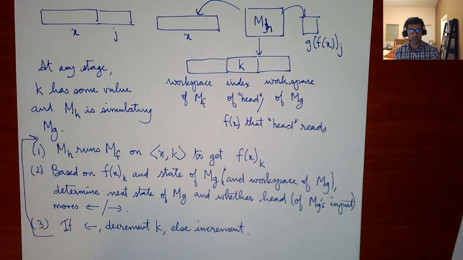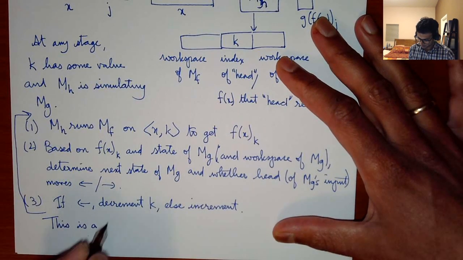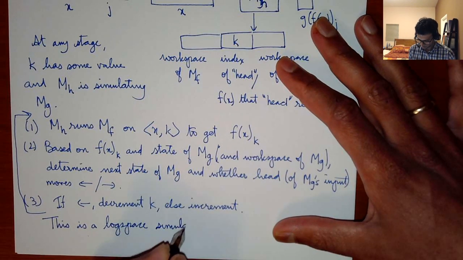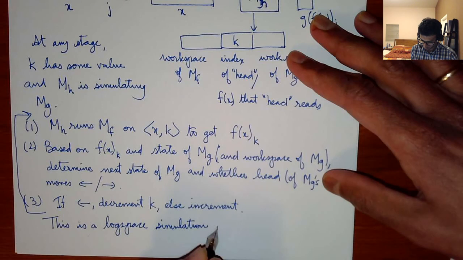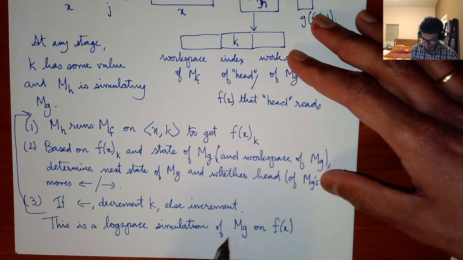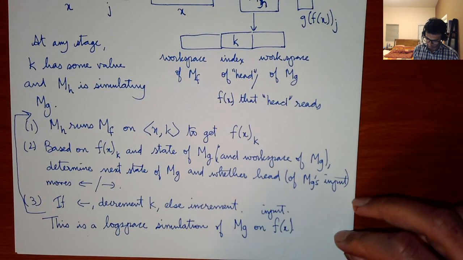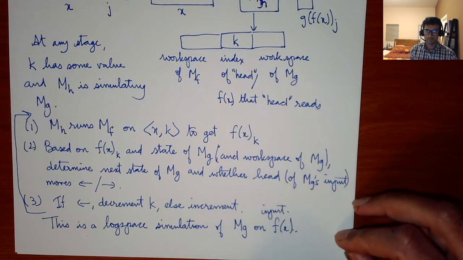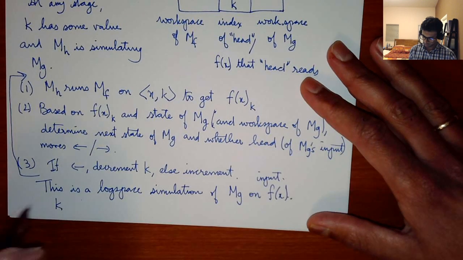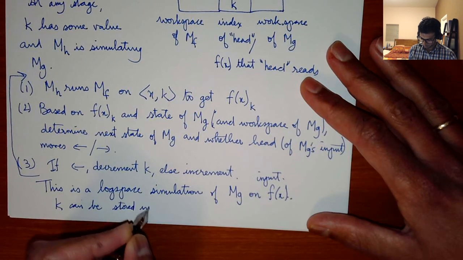So this is going to simulate mg. This is a Logspace simulation of mg on the input f of x. But we're never really writing down the input f of x. And the important thing is k can be stored in Logspace.